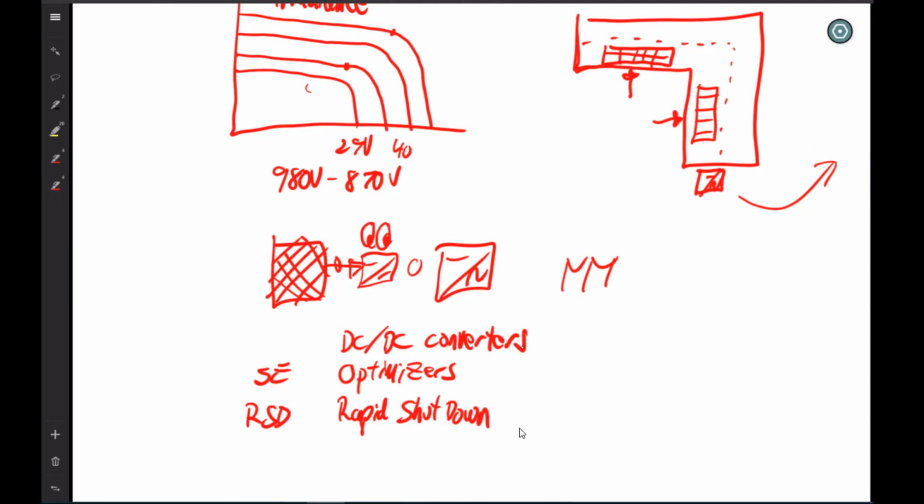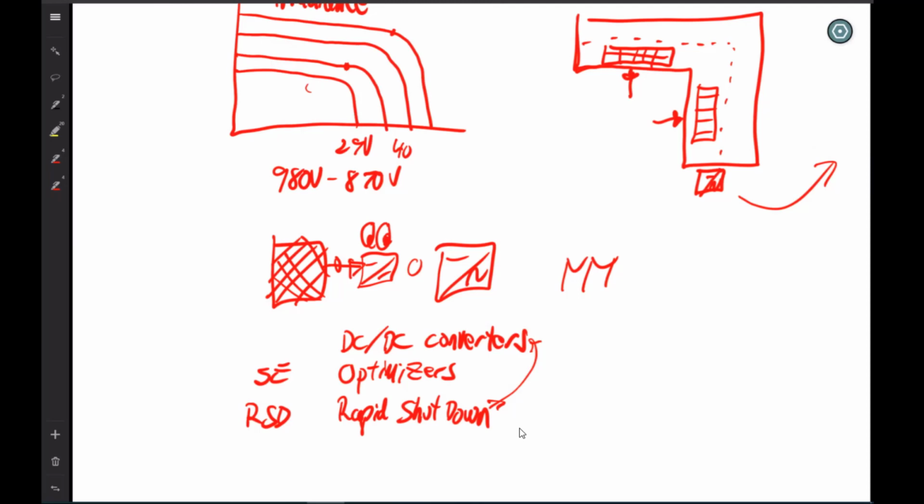DC to DC converter is a rapid shutdown, well, I have to think of my Venn diagrams. Which is which and always and everything, but these are two sides of the same coin, basically. Rapid shutdown devices and DC to DC converters. Now, SolarEdge creates an optimizer.